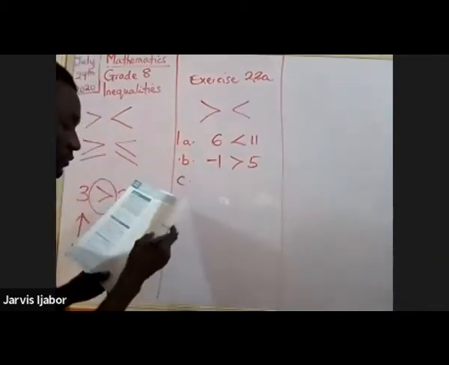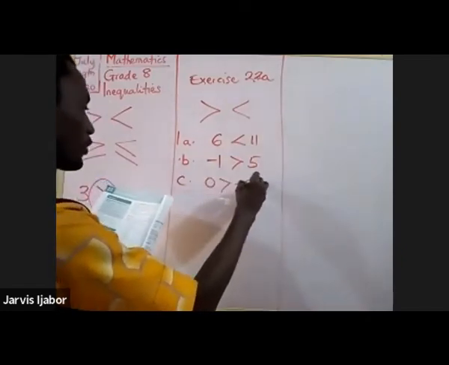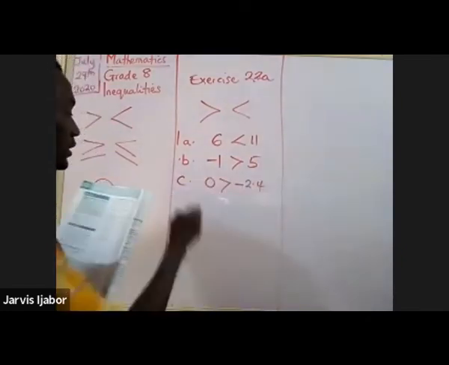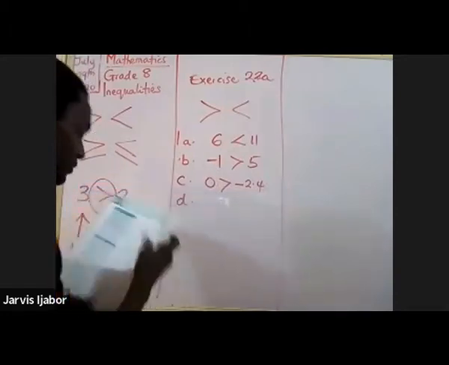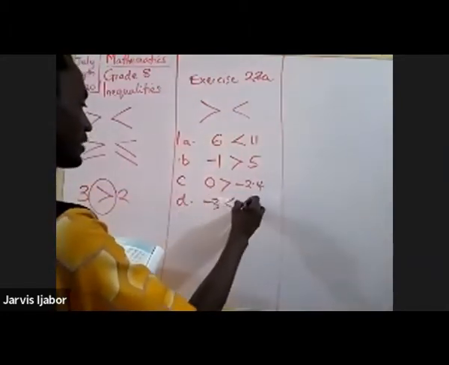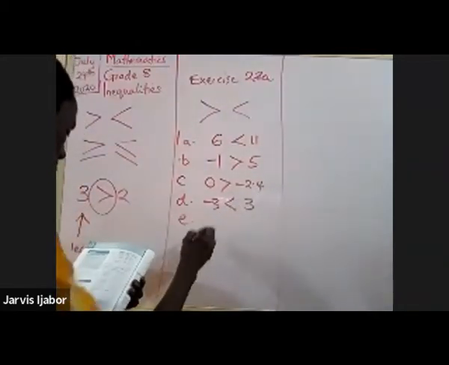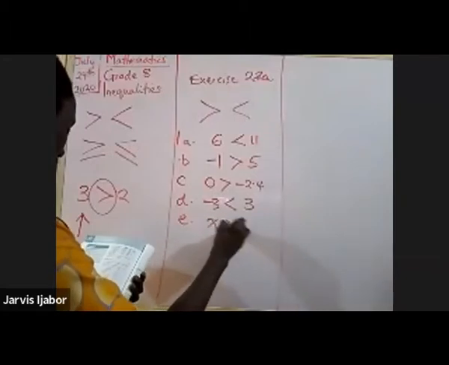C, 0 is greater than -2.4, spot on. D, -3 is less than 3. E, X is greater than 12.